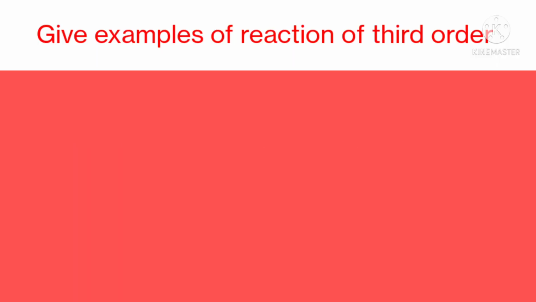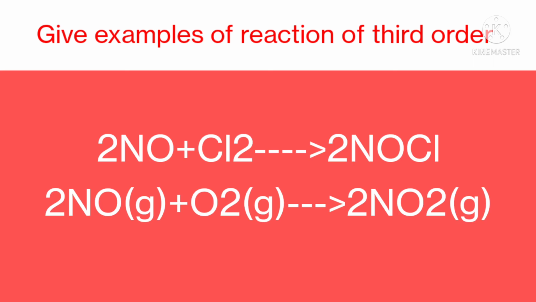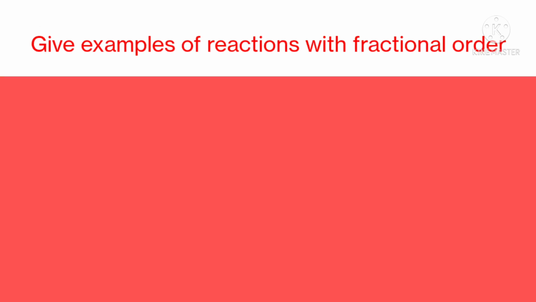Give examples of reactions of third order. 2NO plus Cl2 gives 2NOCl, a third order reaction. 2NO plus O2 gives 2NO2, this is also a third order reaction. Give examples of reactions with fractional order.